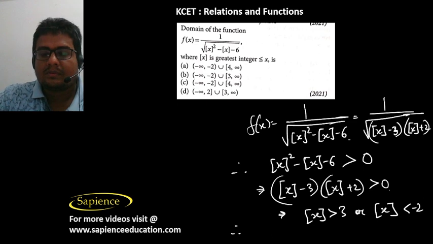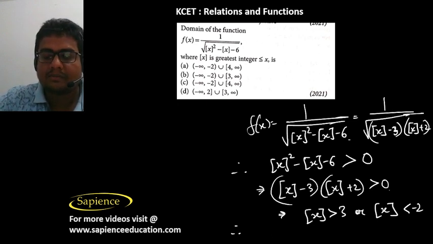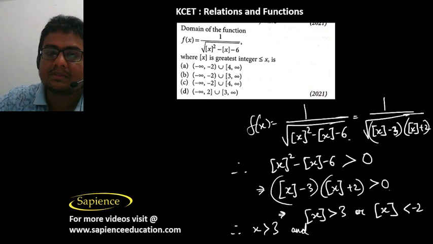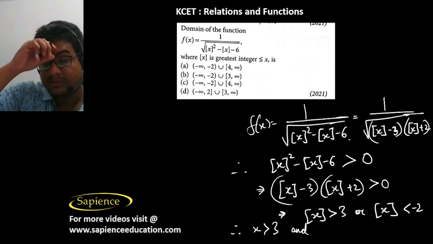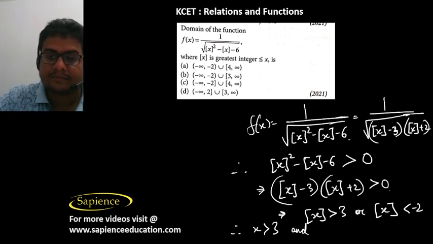So therefore bracket x should be greater than 3. So it means x should be greater than 3, since bracket x means it is the greatest integer less than or equal to x. So greater than 3 we can't take, since it can become equal to 3 also then.